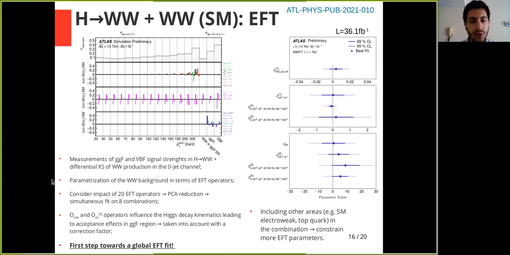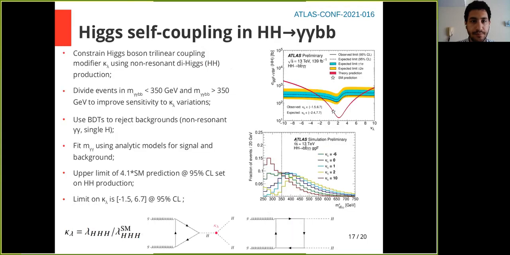Then we follow the same procedure that I explained before, and we simultaneously constrain 8 combinations of these parameters. So I want to stress that this is a very first important step towards a future global EFT fit, which can potentially include also measurements from other areas different than the Higgs sector.